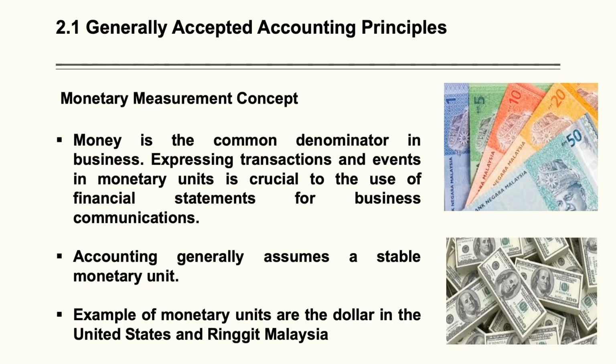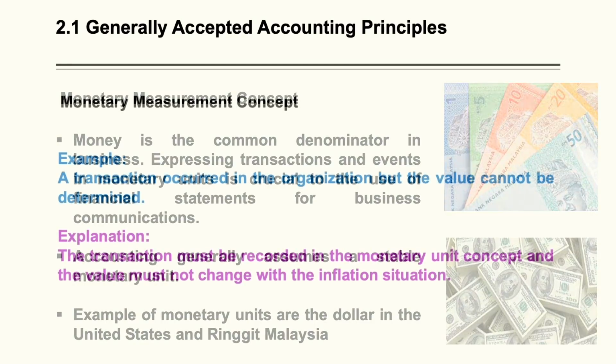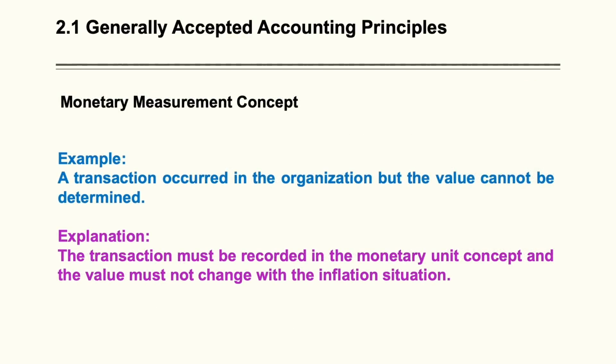Examples of monetary units are the dollar in the United States and, in Malaysia, the RM, Ringgit Malaysia. For example, if a transaction occurs but its value cannot be determined, based on this concept all transactions must be recorded in monetary units and the value must not change with inflation.